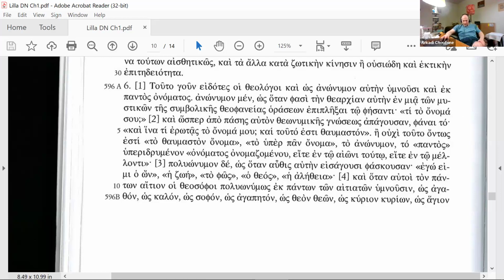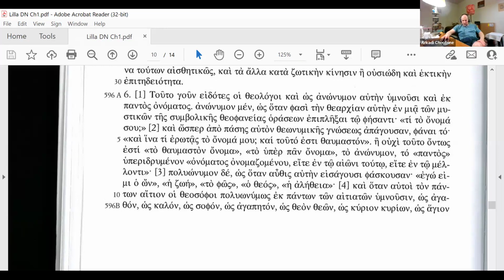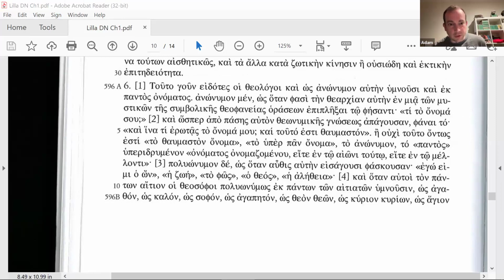Mystikon. How did you translate mystikon, Adam? I said mystical, so I guess I didn't really translate it. Right, mystical. Until maybe the 17th century people didn't know such a concept. So what is it to be mystical? Let's see the meanings.